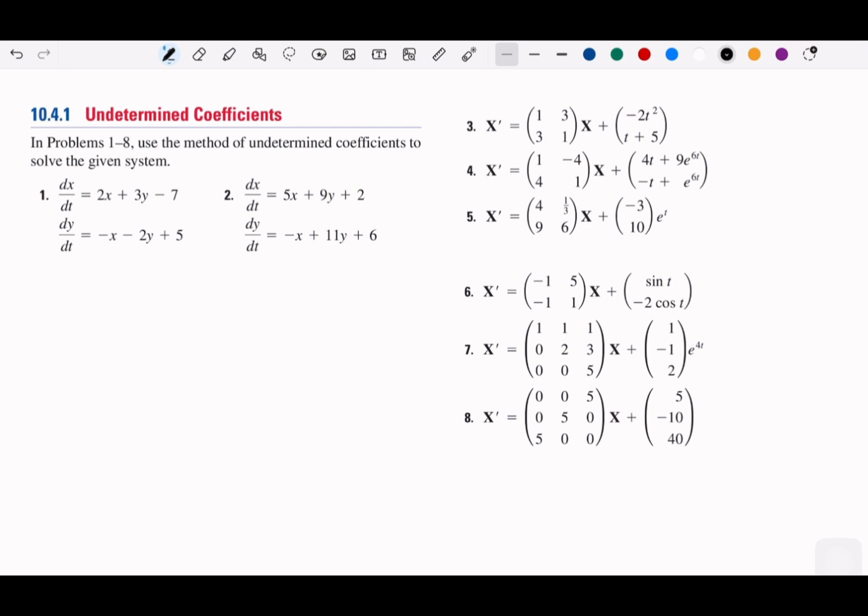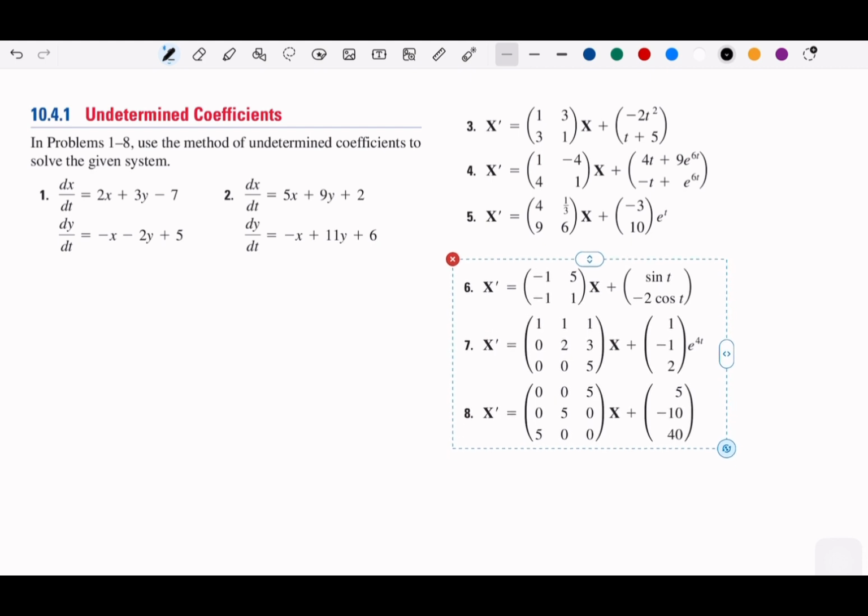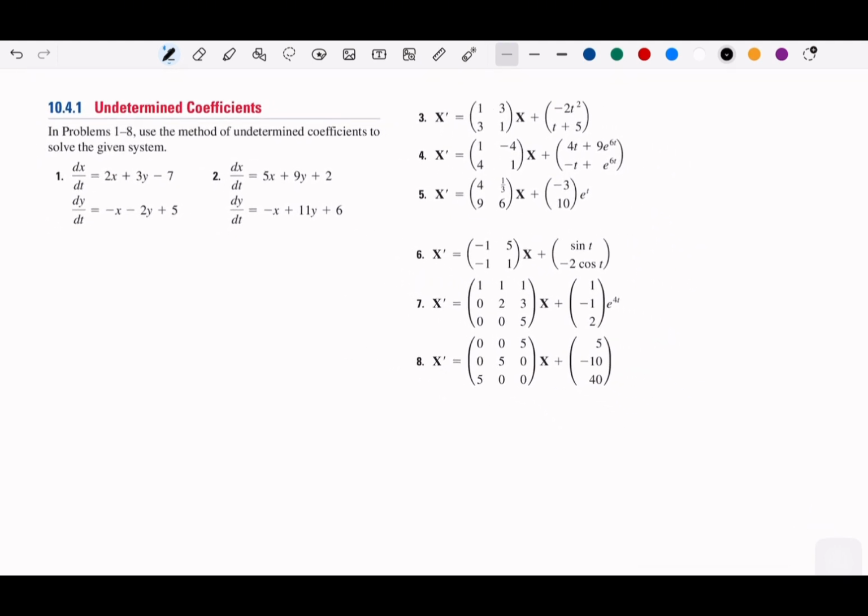I think we haven't seen the trigonometry, so let me just go through number 6. And you can try the other questions as well for this undetermined coefficients.